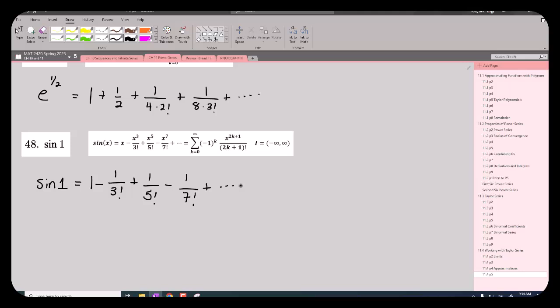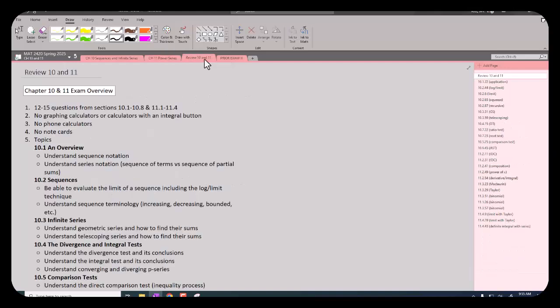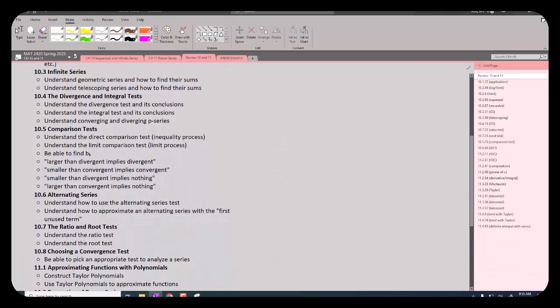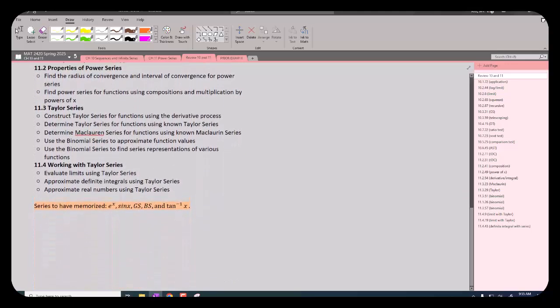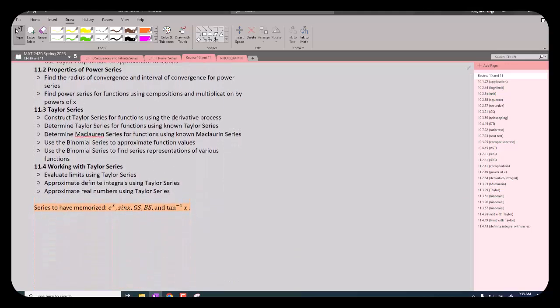All right, so let's go ahead and then hit our review. So the power series that you have to have memorized for this test are at the bottom here. So these are the 5: e to the x, sine x, GS is the geometric series, BS is the binomial series, and arctangent.